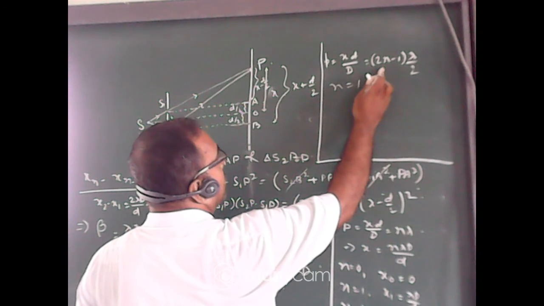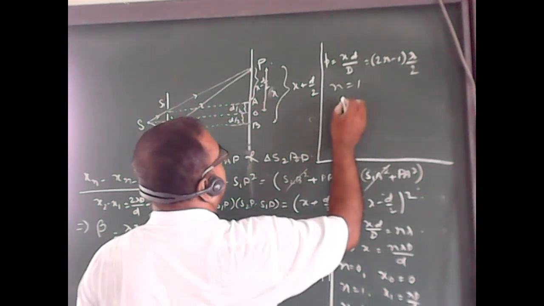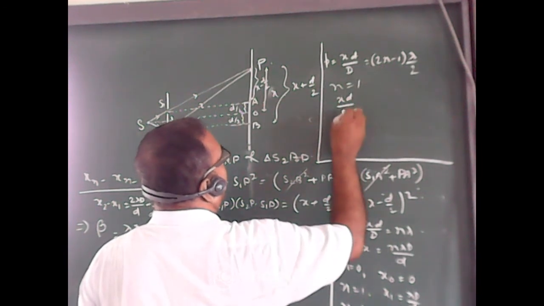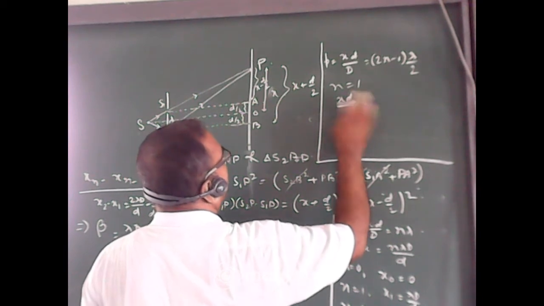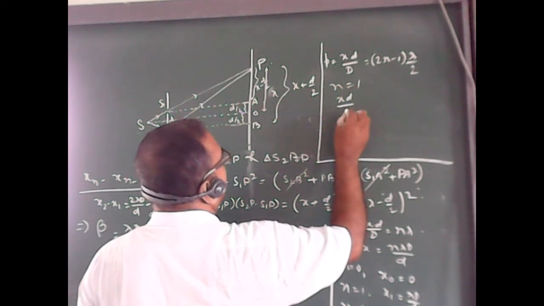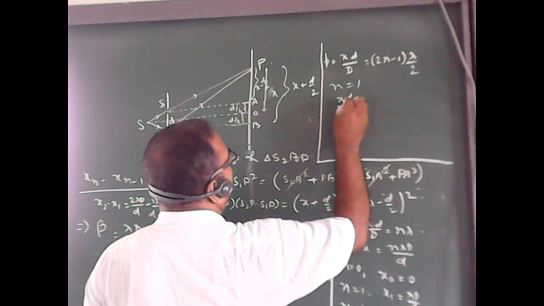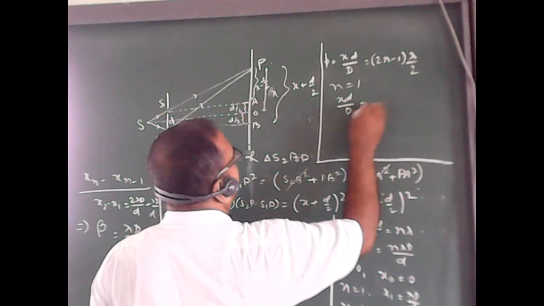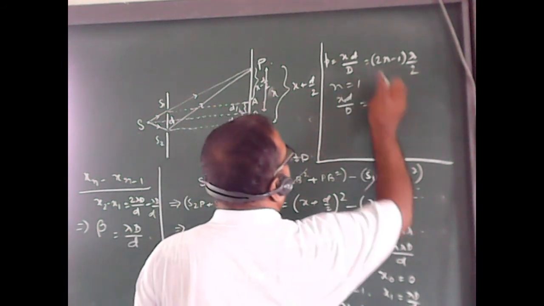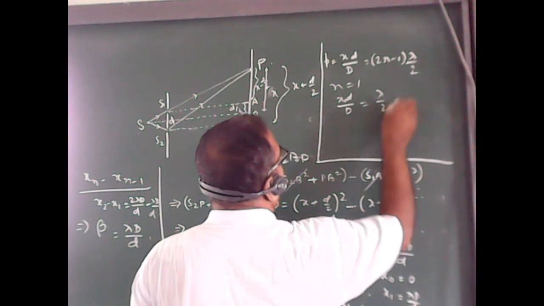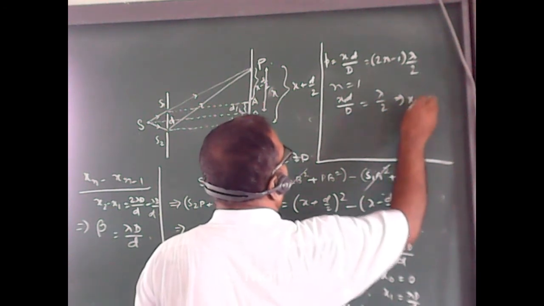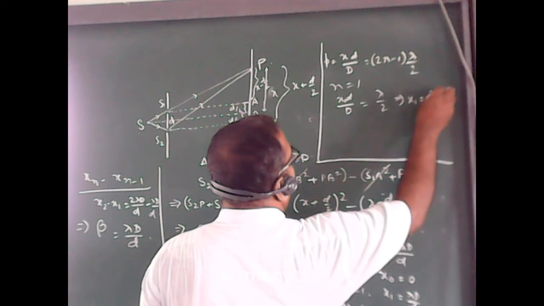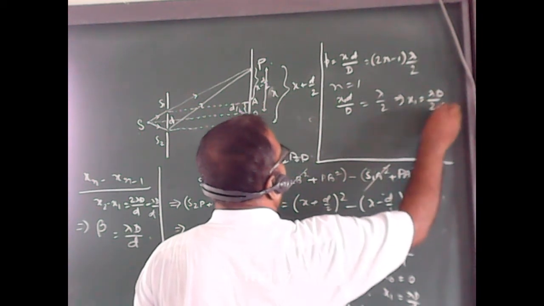For n equals 1, x1 d by capital D equals (2 − 1) lambda by 2, so x1 equals lambda D by 2d.